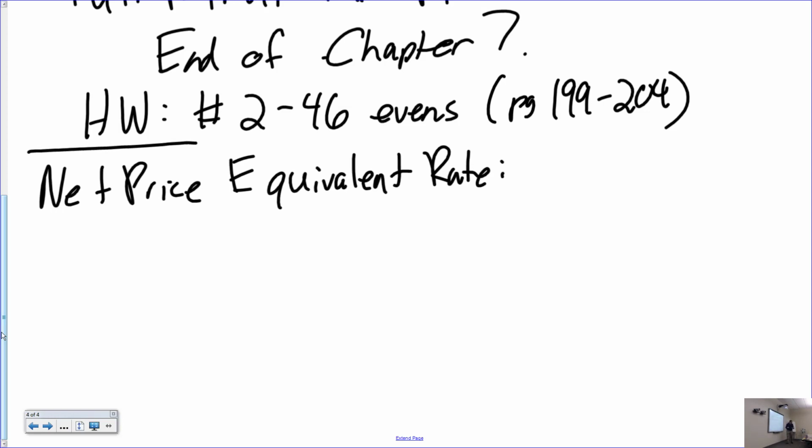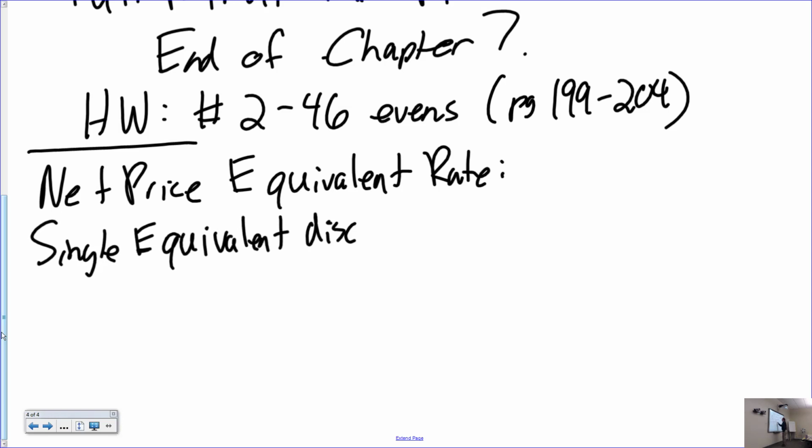You need to remember the net price equivalent rate and the single equivalent discount rate. And again, I can ask for either of those or both of them, okay? So you need to know how to deal with both of them.